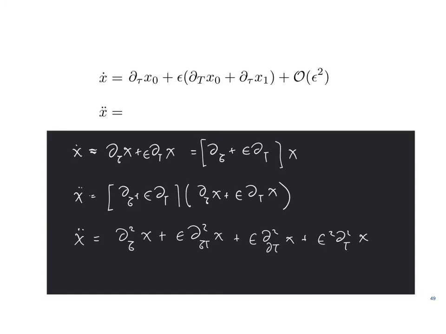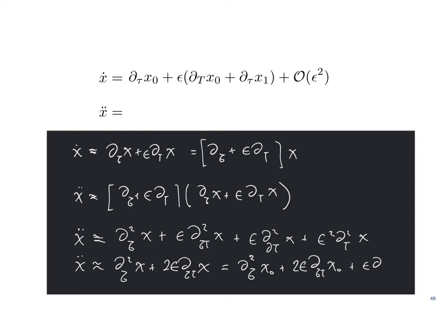Remember, this is just an approximation, and then we keep approximating. We do plus 2 times epsilon, and finally we just replace x0, so the decomposition x equals x0 plus epsilon x1. So we have times epsilon, and now we also have this one, x1.